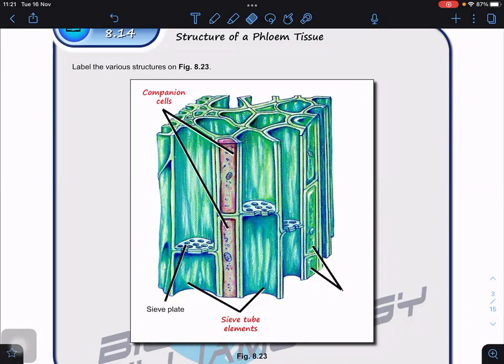I will discuss this at a later part. Then you can see a greenish color, but actually it is not very greenish in real life. These living cells are parenchyma cells. Xylem fiber is not shown, and phloem fiber is not shown in this diagram.